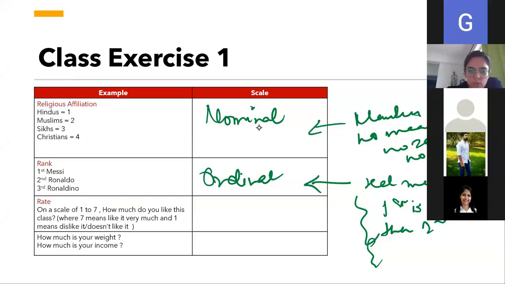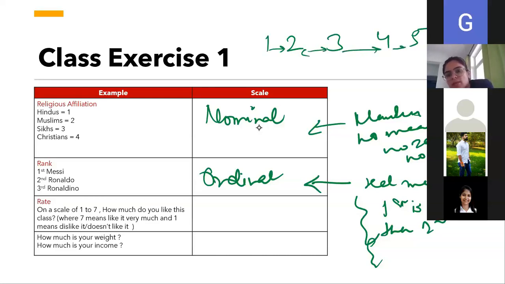On a scale of 1 to 7, how much do you like this class? Interval. Ordinal. Where 7 means you like it very much, and 1 means you dislike it. Is this interval or ordinal? Ordinal. Okay, so if I give you 1, 2, 3, 4, 5, 6, 7, you are doing rating on a scale, and this difference is equal.